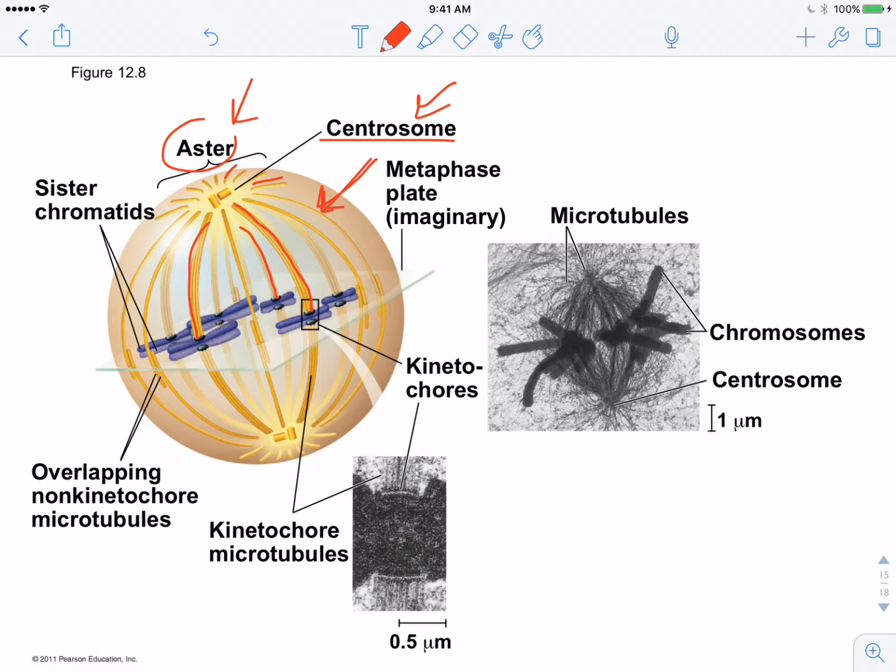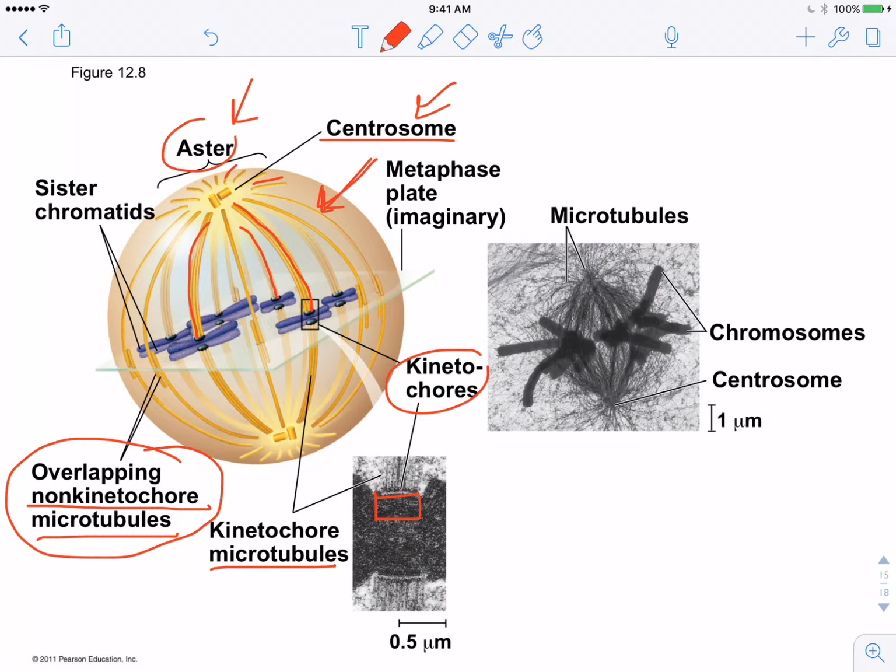And here you have kinetochores, kind of this area right here. It's a protein structure, and any microtubule that's attached to a kinetochore is called a kinetochore microtubule. There are also microtubules that are not attached to the kinetochore, and those are called non-kinetochore microtubules.